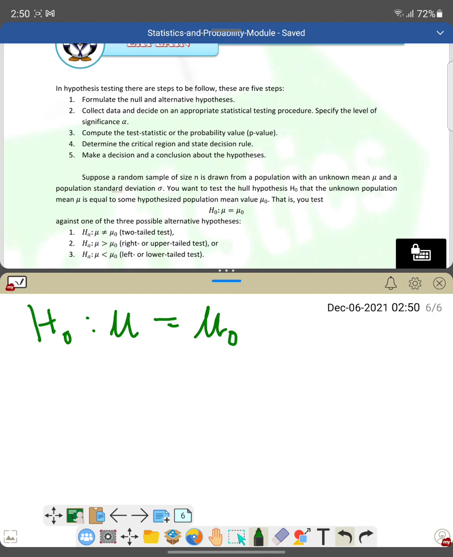Here, the population mean is the value that needs to be computed, while the hypothesized population mean is the value that is already established, already given there. And the third one, another directional test, is what we call the left-tailed test or the lower-tailed test, where the rejection region is located to the left.